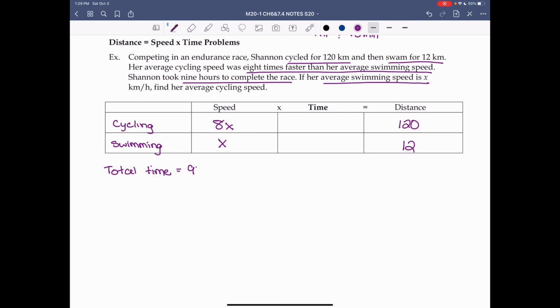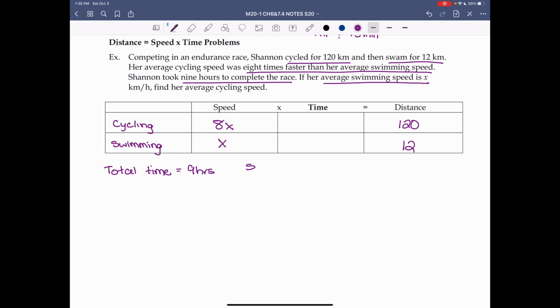equals 9 hours. We don't have any information about the time, but we know that speed times time equals distance. And we have the speed and the distance for both of our activities with variables. So we can write something to represent the time for each.